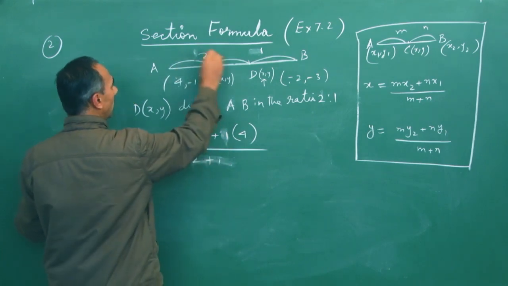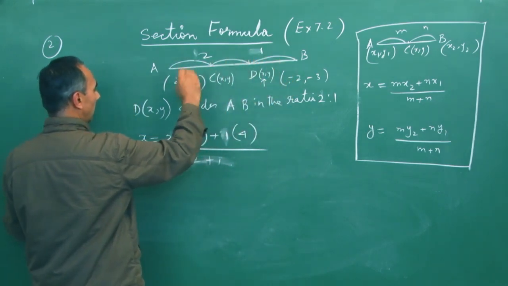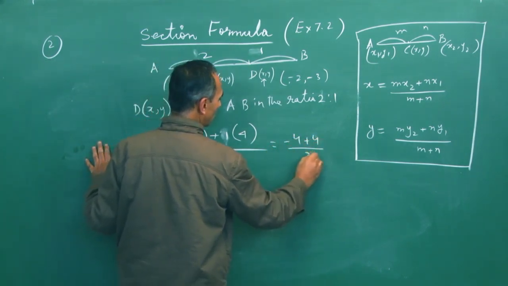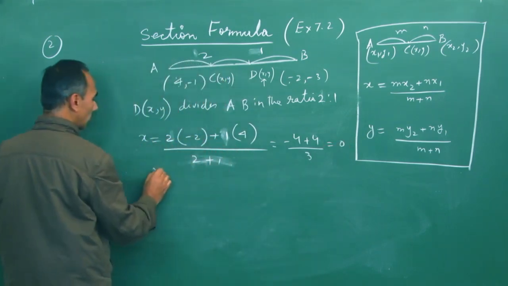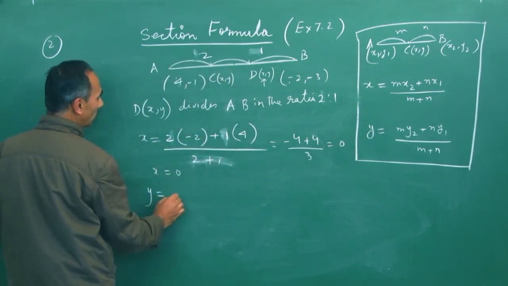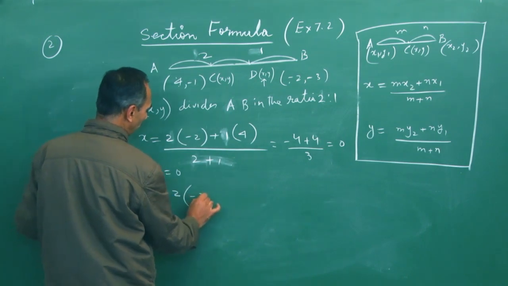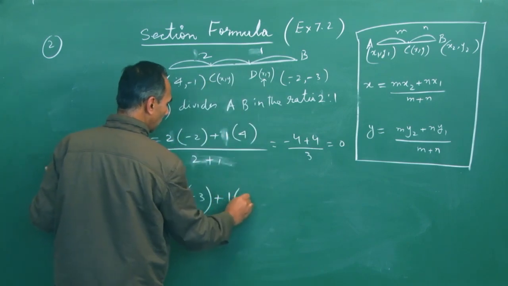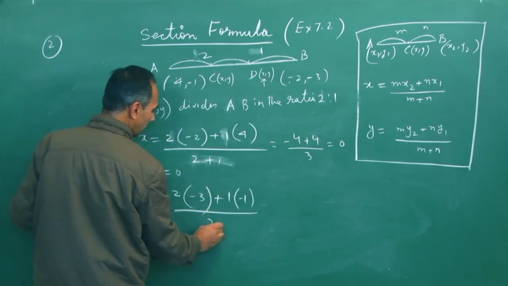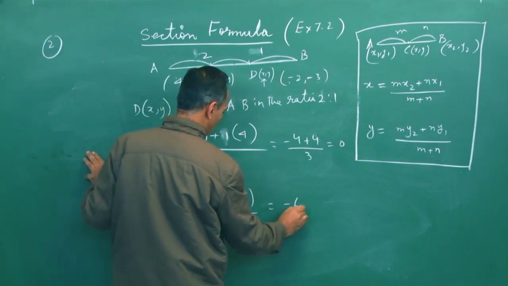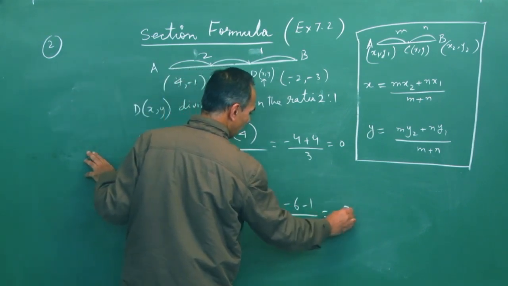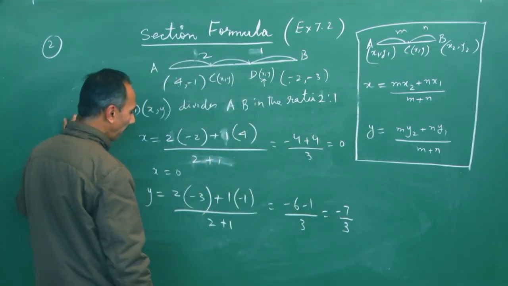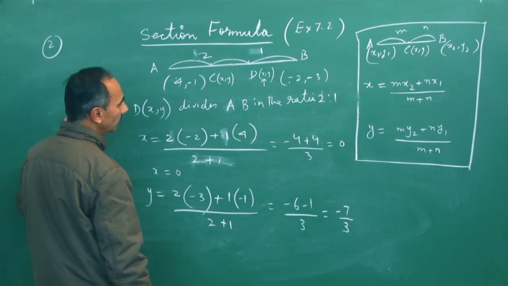So this is nothing but minus 4 plus 4 upon 3, that is 0 upon 3, that's 0. So x is 0. Now what about y? Y is m into y2 plus n into y1 upon m plus n. That's minus 6 minus 1 upon 3, so that means minus 7 upon 3. So coordinates of D are 0, comma, minus 7 upon 3.